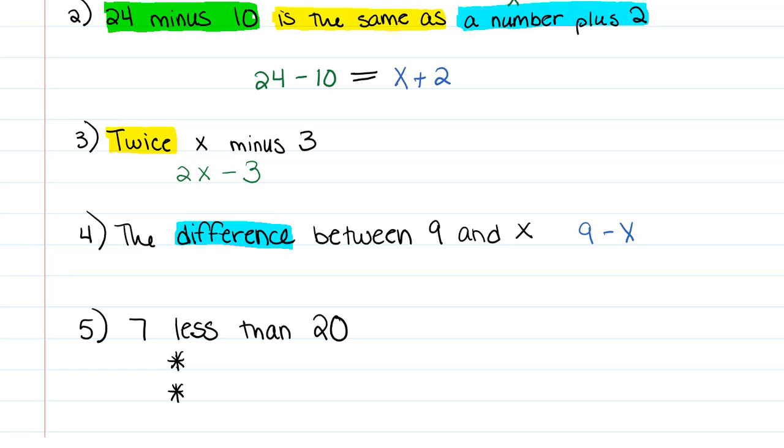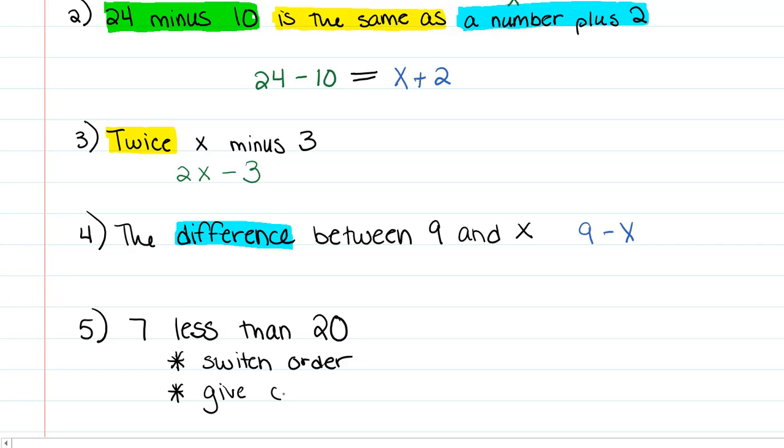And our last example, 7 less than 20. This one's a little bit unique because we are actually going to switch the order of 7 and 20. But if that's a little bit weird to remember, I like to give it a context. So for example, money is an easy context, so let's say this is $7 less than $20.